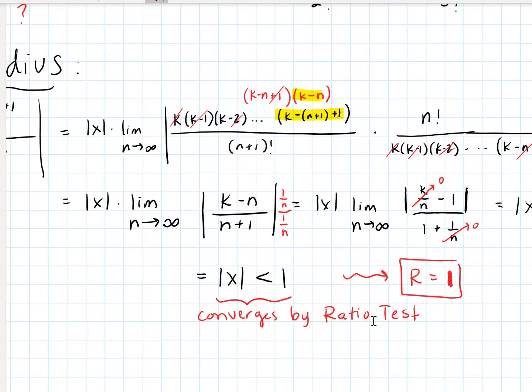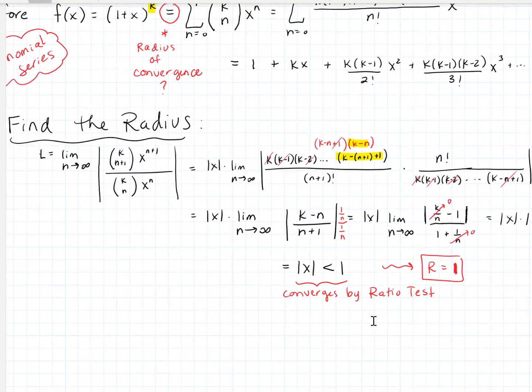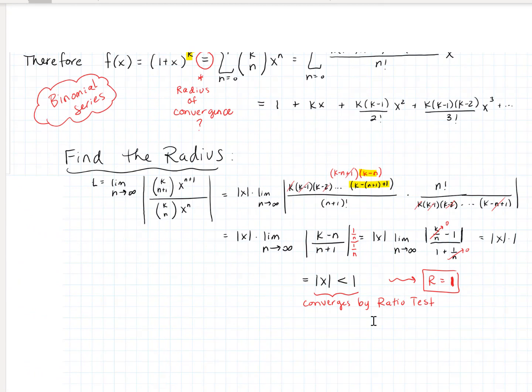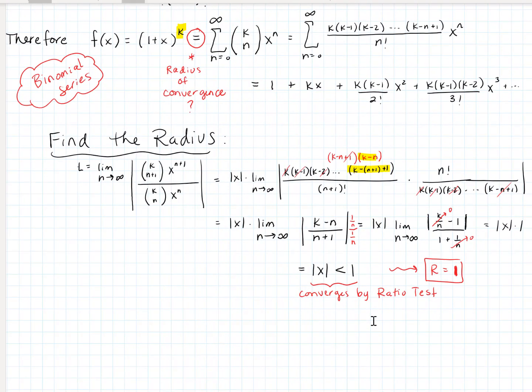So we could summarize this all up. I've got it all here on the screen now. So we can say that our f of x equals 1 plus x to the k, and we've actually verified now, we figured out what that radius is.